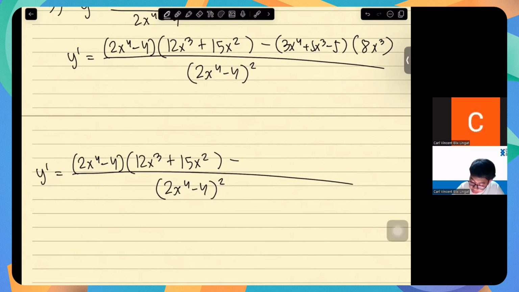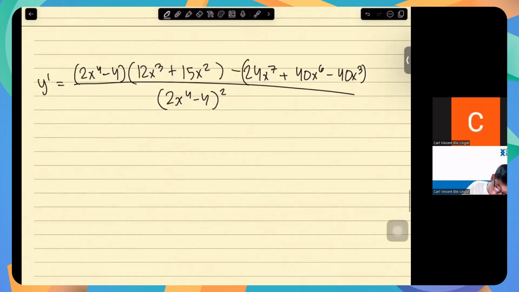So 8x cubed times 3x raised to 4, that's going to be around 24x raised to 7. Then we have plus 8 times 5, that's 40x raised to 6, minus 40x cubed. Then we distribute the negative sign to the parentheses. So let me just copy this thing again.